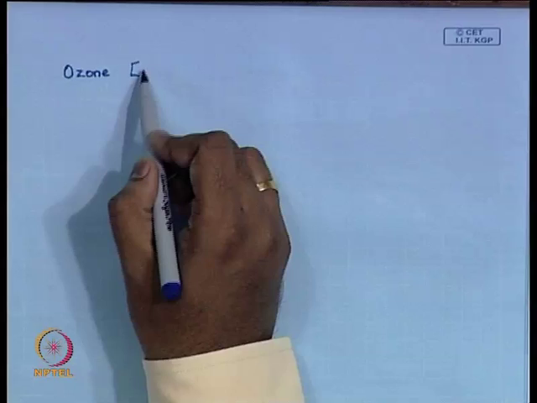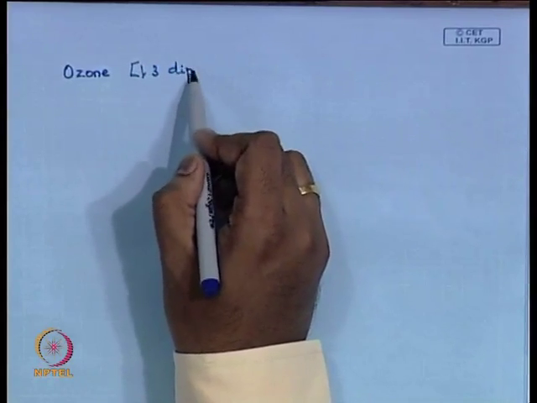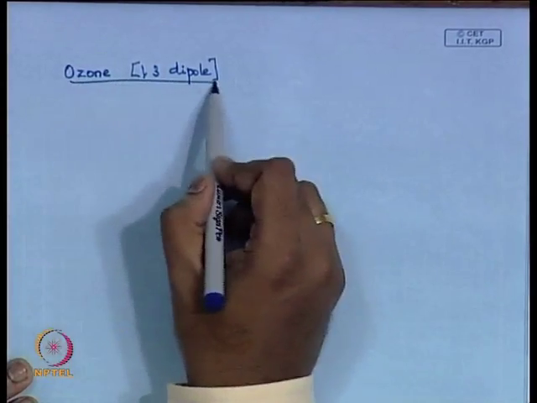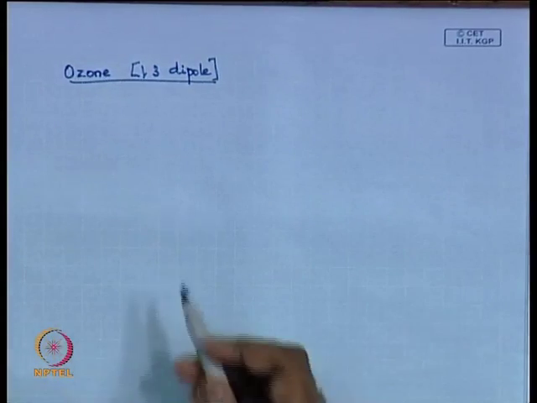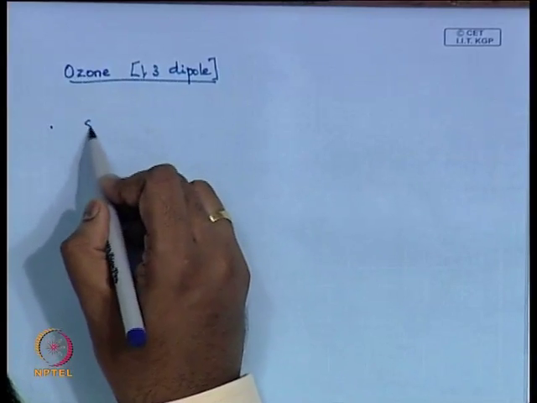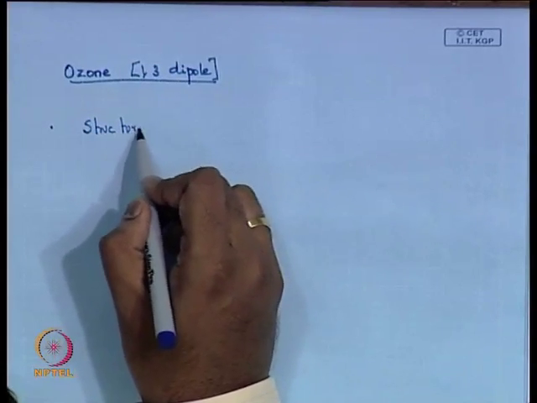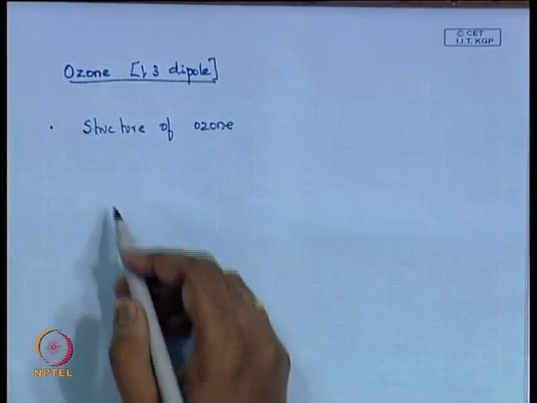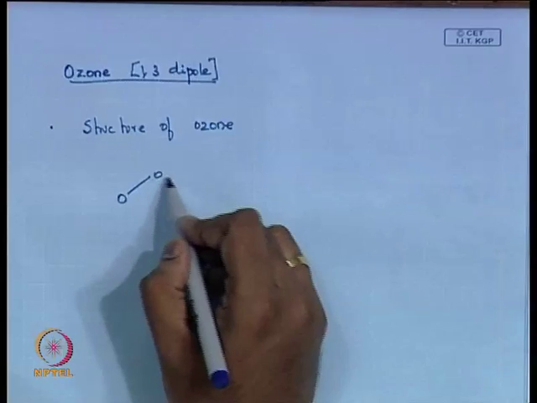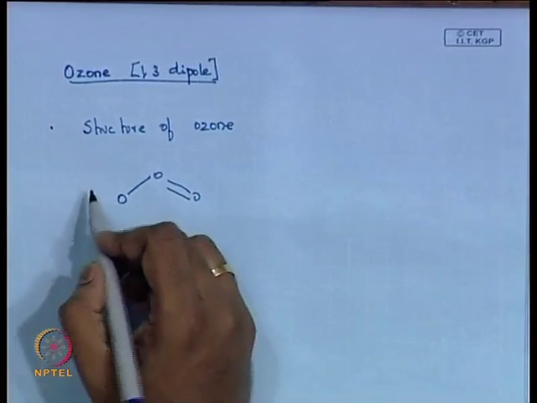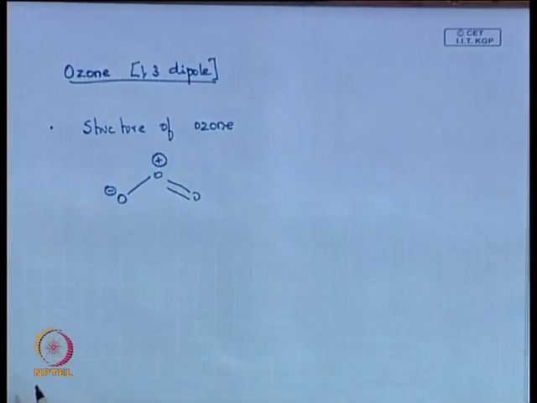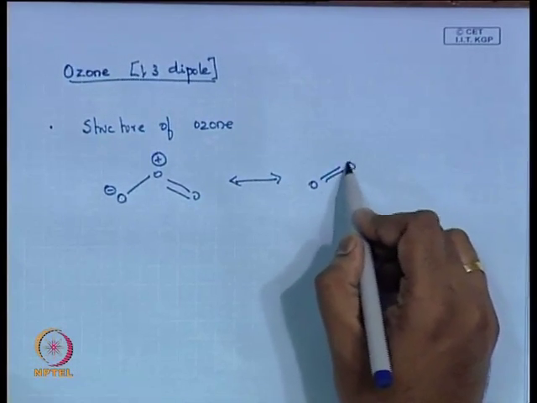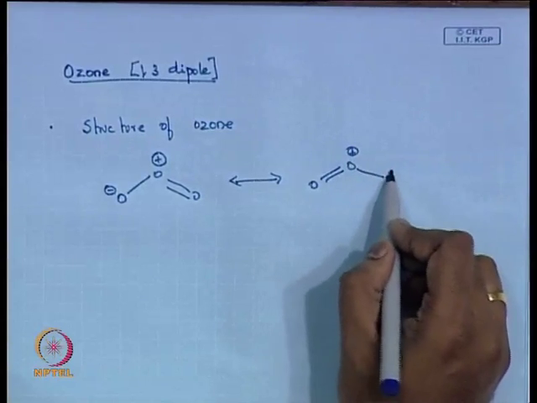Now, we will take ozone as a 1,3 dipole and study how it works. Just to refresh, the structure of ozone can be in equilibrium, so I can have O double bond O plus O minus.